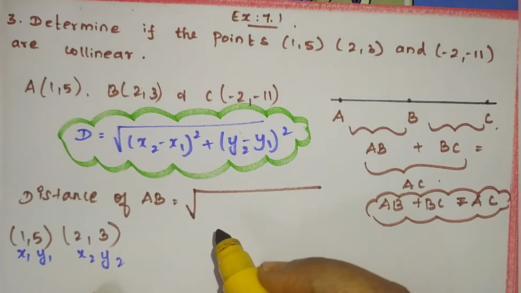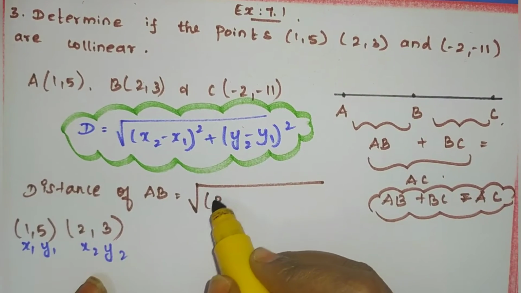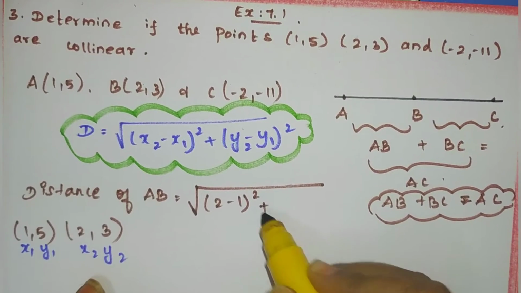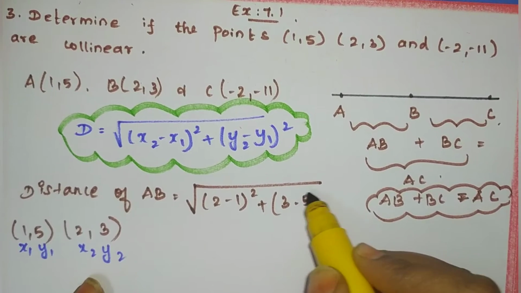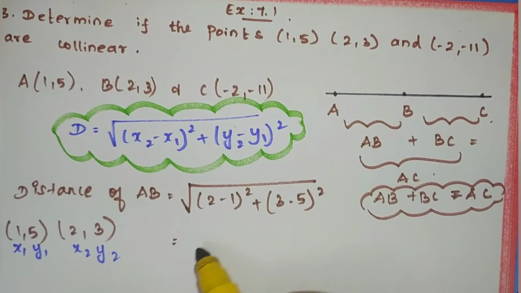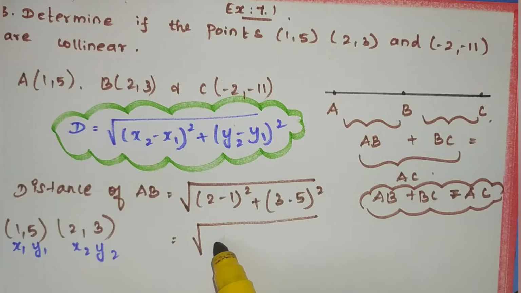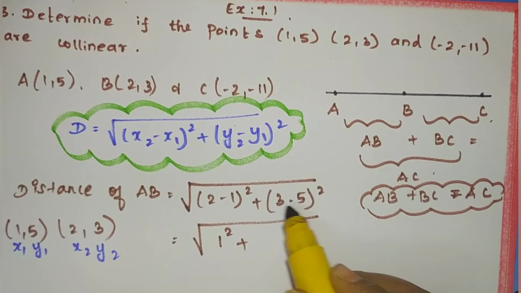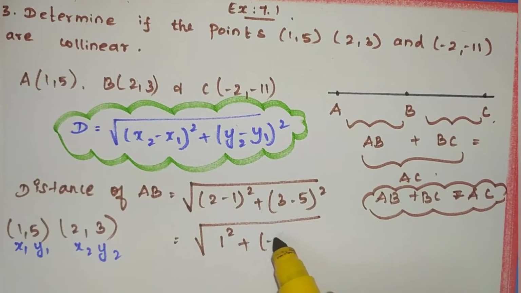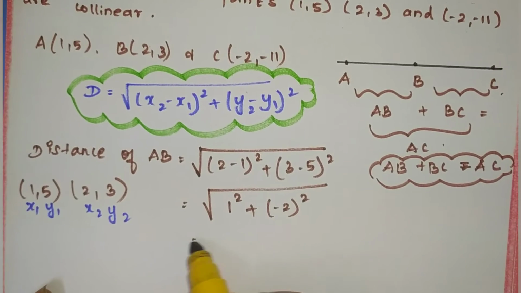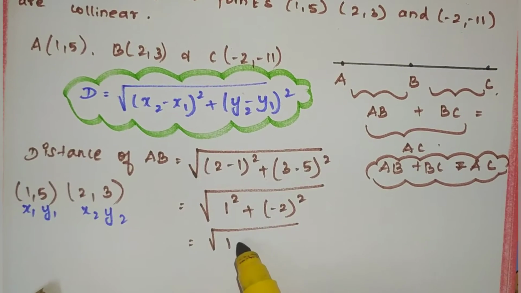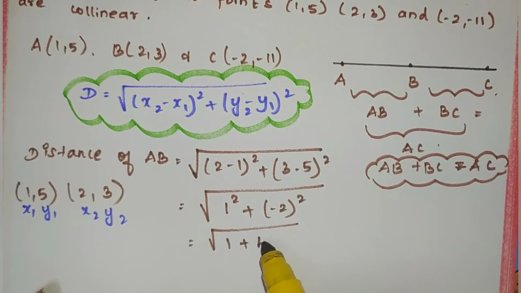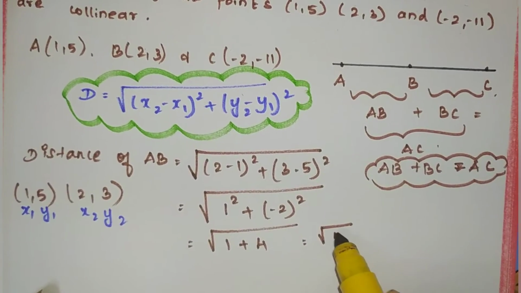Now write (2 minus 1) the whole square plus (3 minus 5) the whole square. Root of 1 square plus (-2) the whole square, and then 1 plus 4 is 5, so root 5.